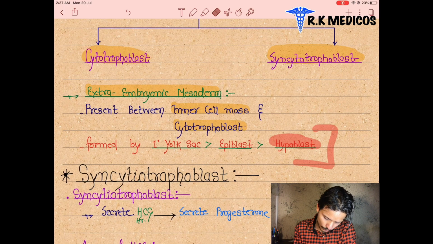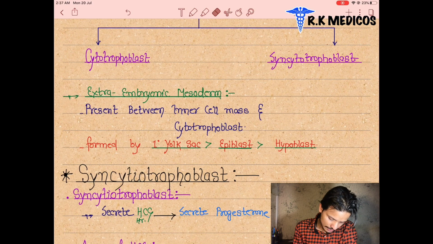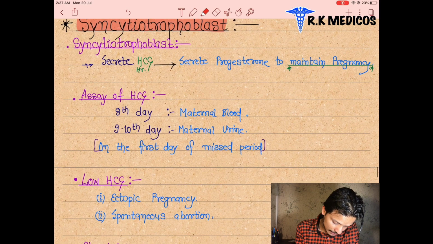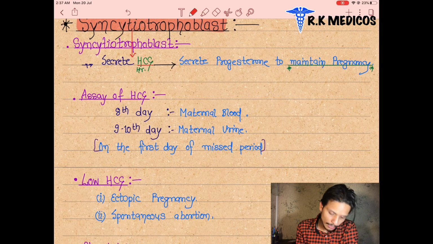In the next section we are going to see the syncytiotrophoblast. The syncytiotrophoblast is the outermost layer, and it is basically going to form HCG. The syncytiotrophoblast secretes something called HCG, human chorionic gonadotrophin hormone.